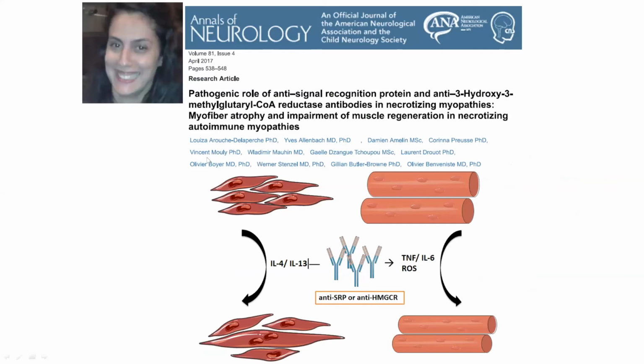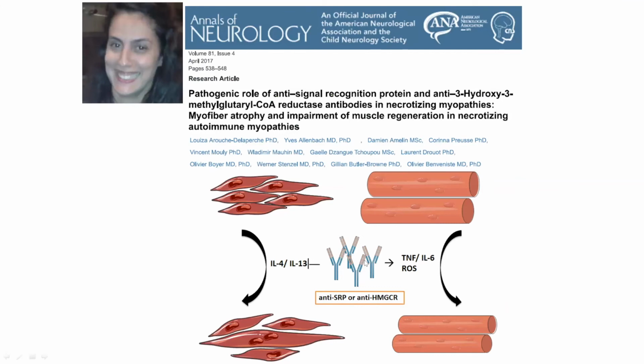Furthermore, Louisa Rouche in our lab also performed some experiments with in vitro cell culture of healthy donor myoblasts that you can fuse to make myotubes. And if you add anti-SRP or anti-HMGCR, you can observe that we cannot have the fusion of the myoblasts to form the myotube, because it blocks two very important myokines, IL-4 and IL-13.